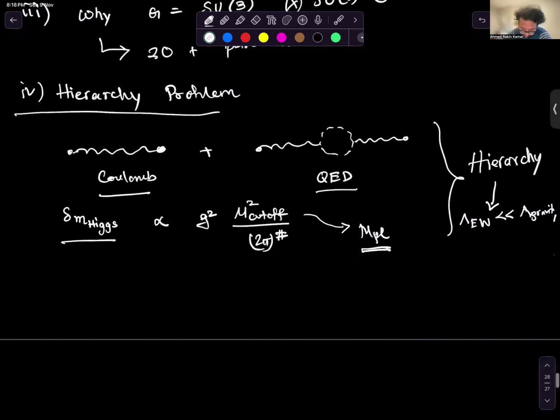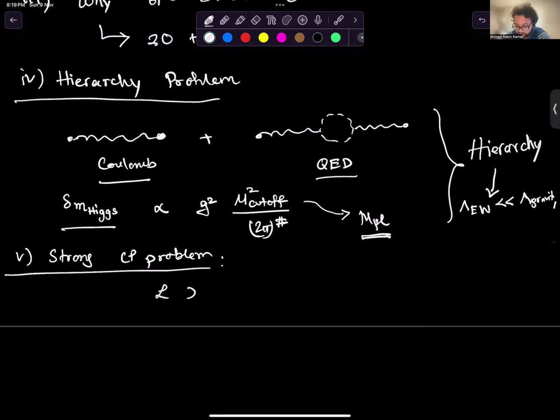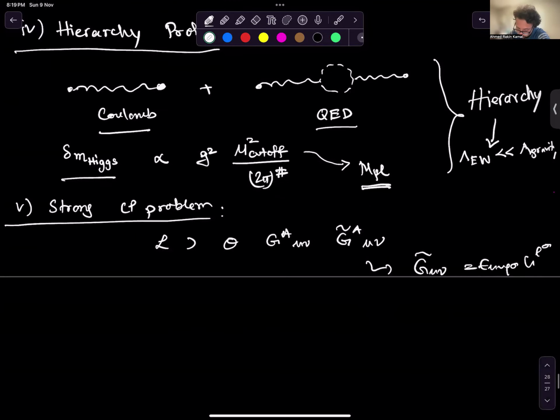Then there are problems like the strong CP problem. This relates to a term that I did not write down in the Lagrangian, called the theta term. For example, QCD has a term like this, where G mu nu tilde is basically epsilon mu nu rho sigma G rho sigma.